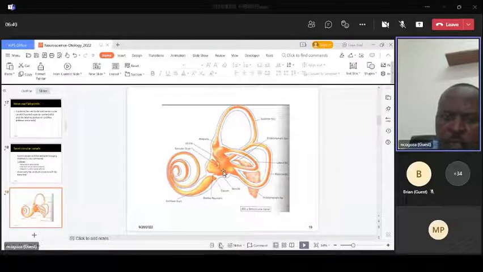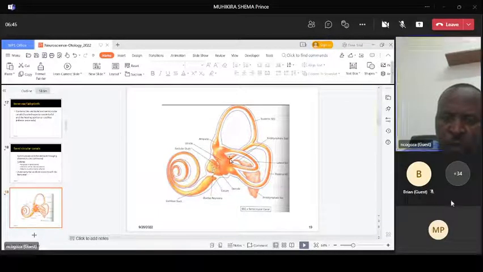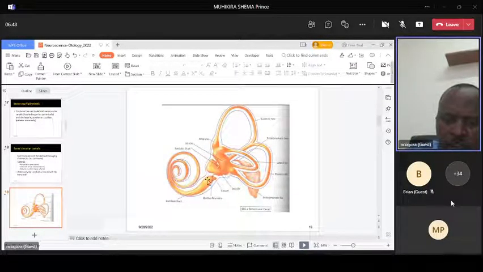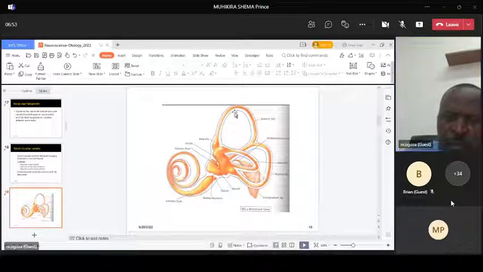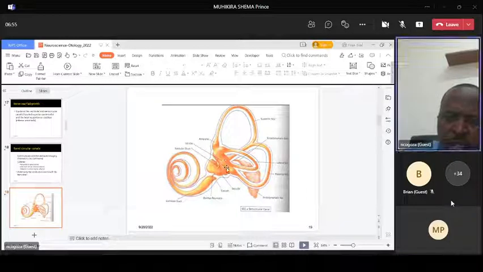They communicate with the vestibule, with the utricle and the saccule. And those components of the vestibular system, the semicircular canals and the vestibule, communicate with the cochlea.